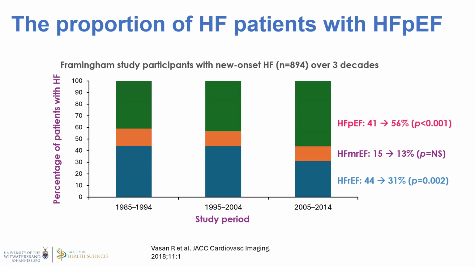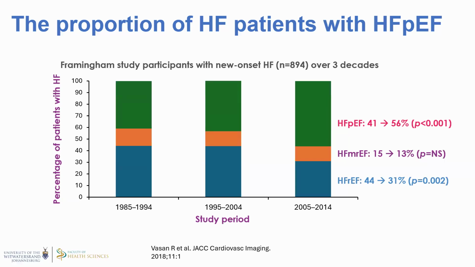So this was from the Framingham study. Between 1985 and 1994, you can see the green part there is patients with heart failure with preserved ejection fraction. And then the blue part of this graph is patients with heart failure with a reduced ejection fraction. So between 1985 and 1994, the numbers were almost equal, with HFrEF slightly outnumbering patients with HFpEF.